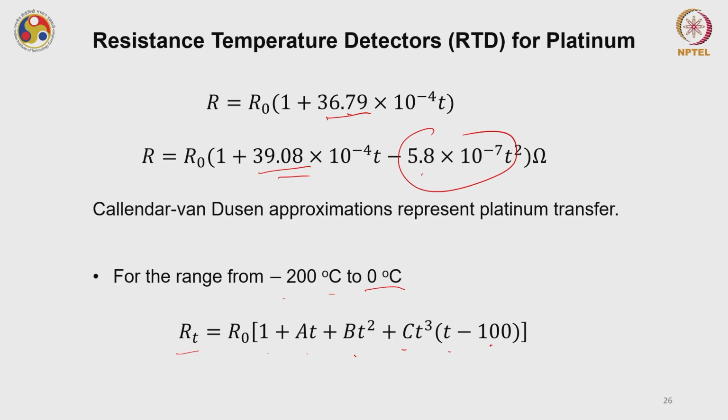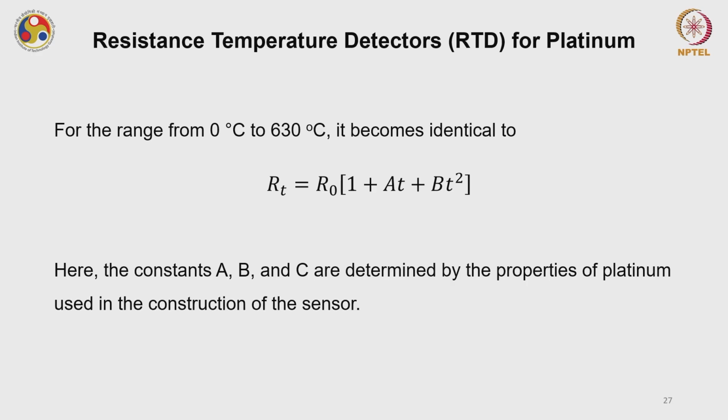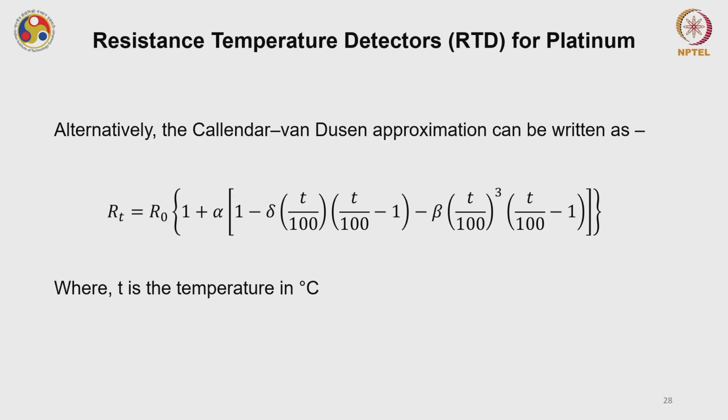So now the CT cube into T minus 100 term is missing, because of the approximation. The constants A, B and C are determined by the properties of platinum used in the construction of these sensors.